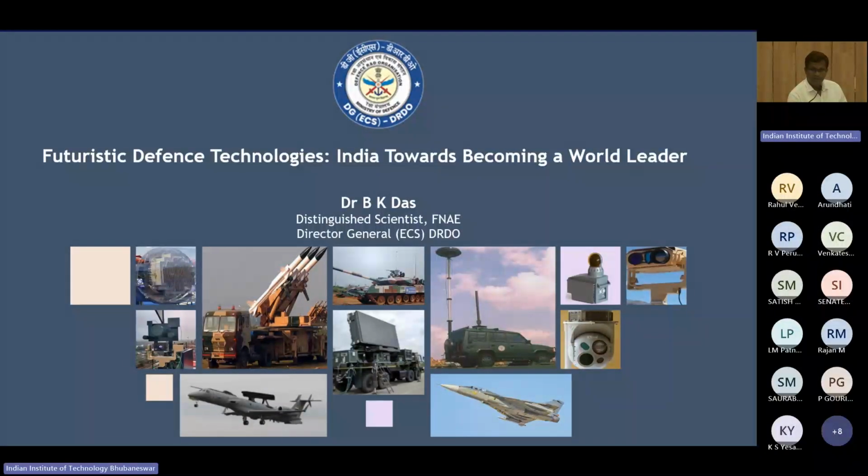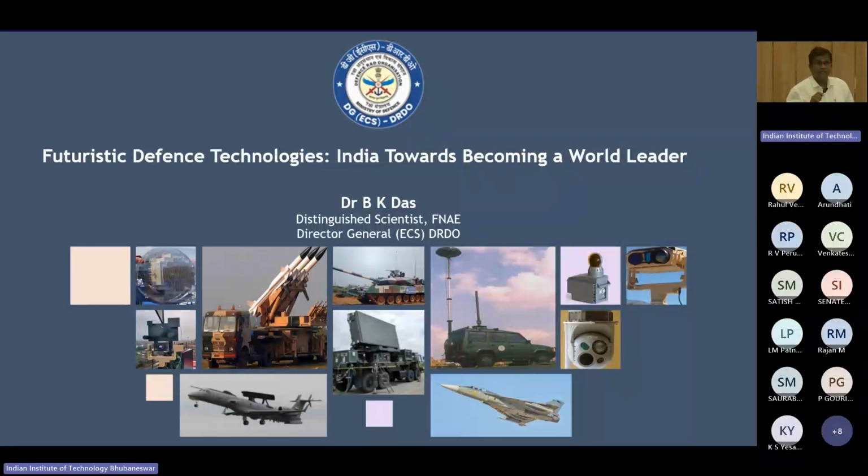Professor Sripad Karmalkar, director of IIT Bhubaneswar. Professor Radhakant Padhi, professor and one of the eminent scientists of this country, Science Bangalore. We have Dr. Vijay Krishna, the PIC of this institute, PIC seminar.